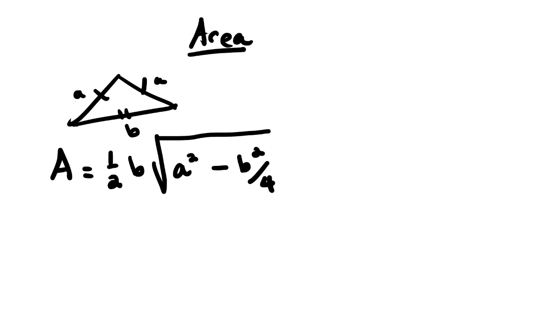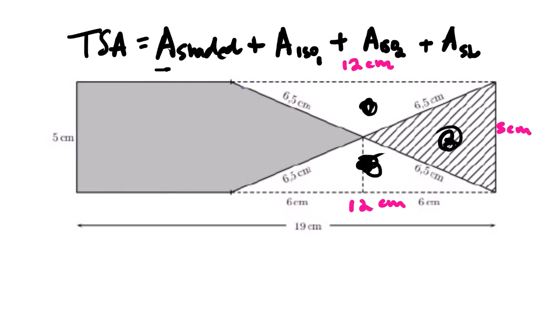B in this equation is our base, and a is the two sides which are the same. So let us go back to our diagram.